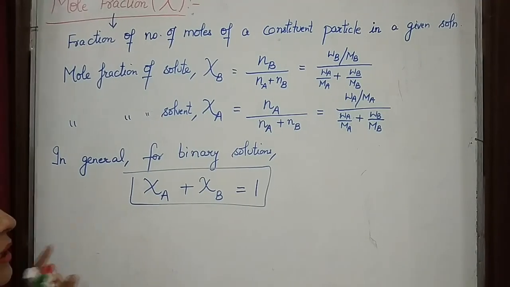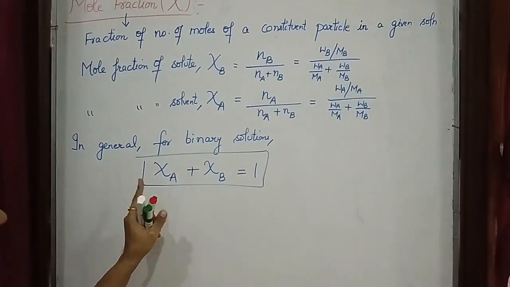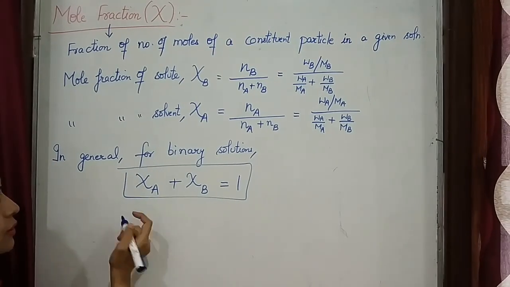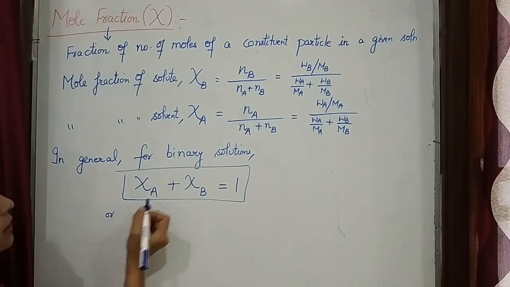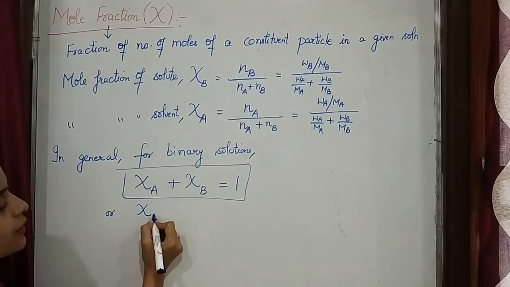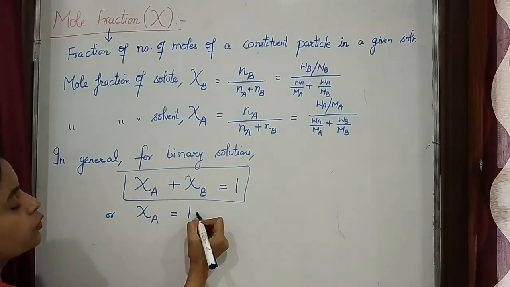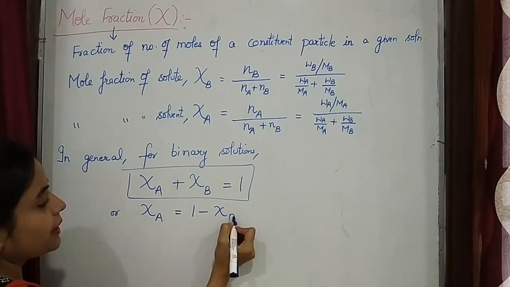Using this relation, if you know the mole fraction of any one component, you can easily find the mole fraction of the other component. For example, if you know the mole fraction of solute, then you can find the mole fraction of solvent using this relation, 1 minus chi B.